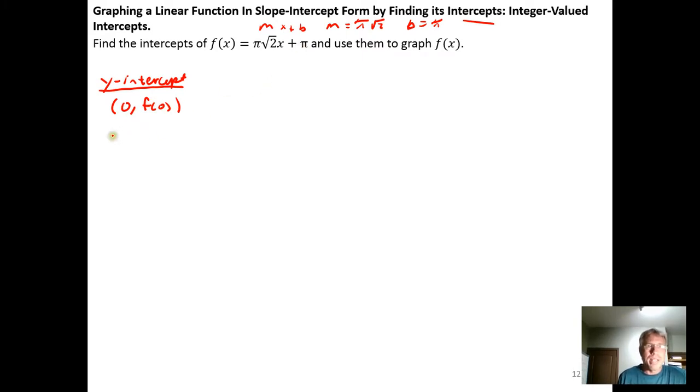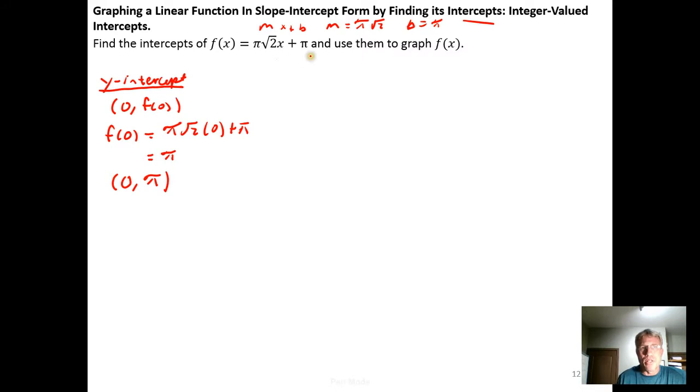I can say, input 0 into the function, which means take the function and everywhere I see x, replace it with 0. So I get pi times the square root of 2 times 0 plus pi. And stuff times 0 is just 0, and 0 plus pi is just pi, which means that my y-intercept is input 0, output pi.